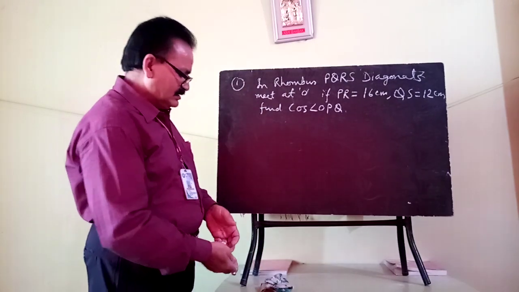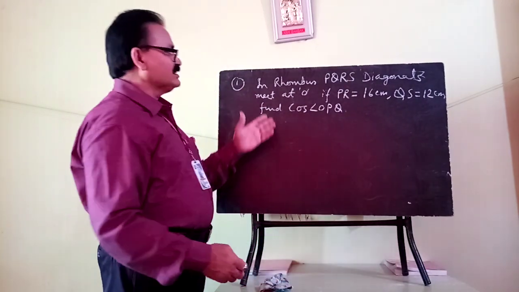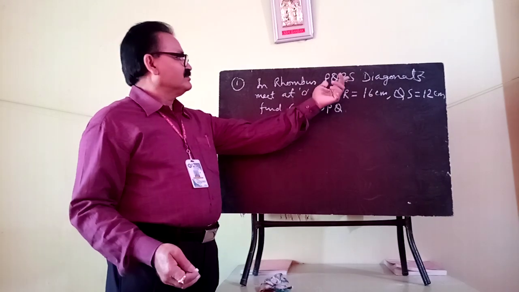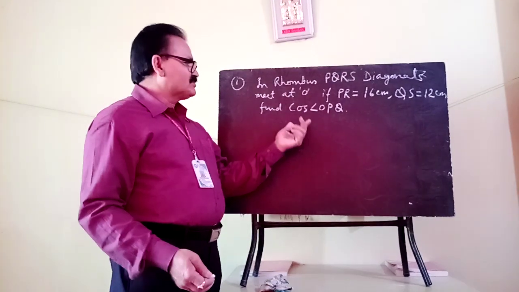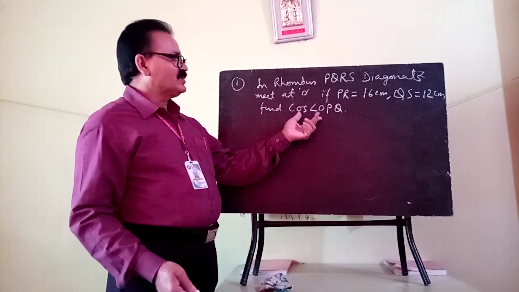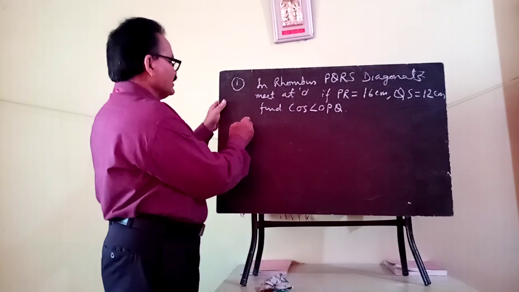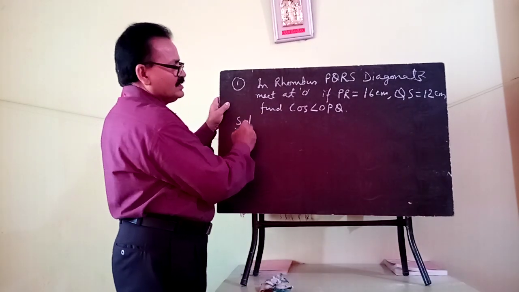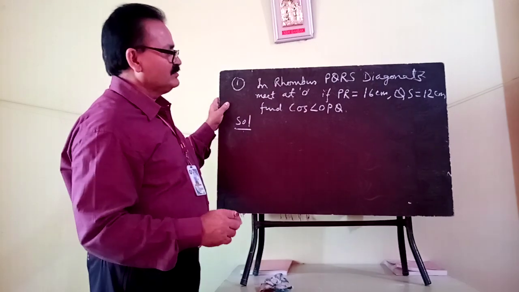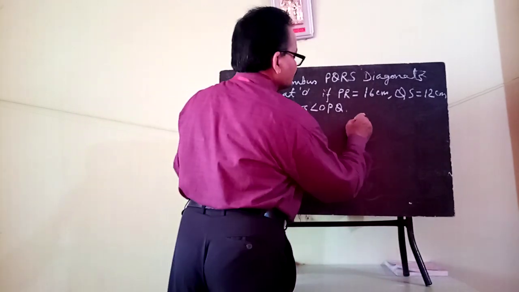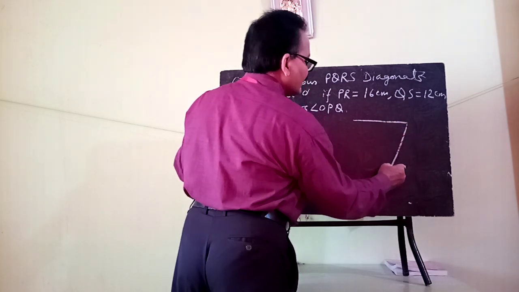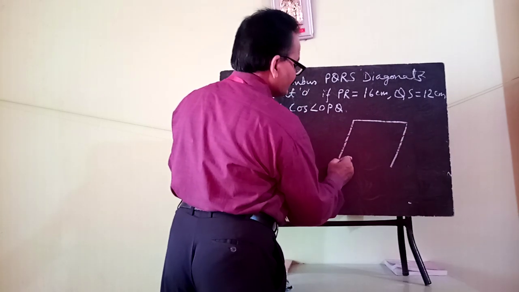So definitely this is an application, since the rhombus is given and you have to find the value of cos OPQ. For that you have to draw the diagram. Solution: note down in your copy, you first draw the diagram of a rhombus.